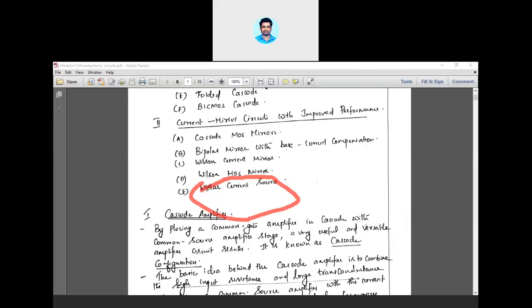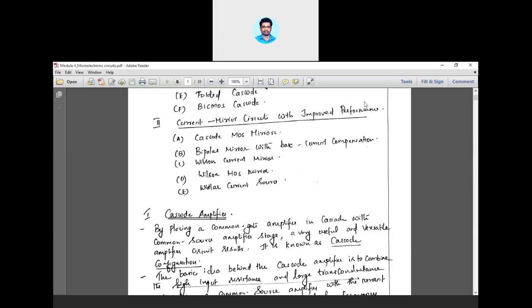So I would like to explain just about other current sources in a brief manner so that we can specify the advantages and requirements of Widlar current source. So as you can see in the second part of this particular module, you will be dealing with different types of mirrors. Okay, like cascode Morse mirror, followed by bipolar mirror with base current compensation.